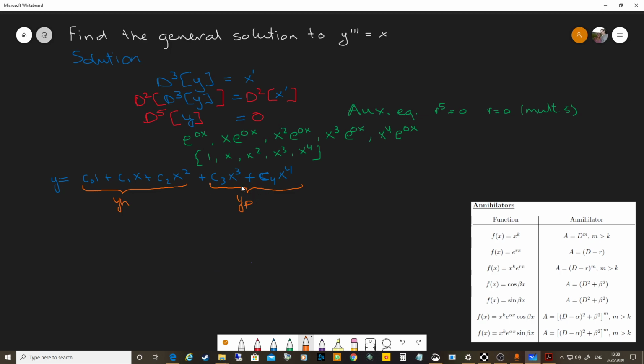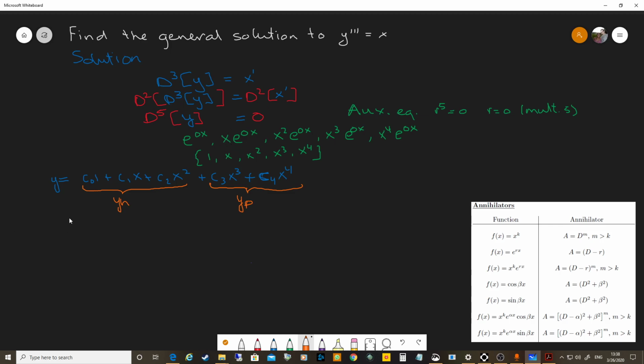For the particular part, if we're asked to find the general solution, these coefficients can be determined if initial values were given. But these are still undetermined coefficients that need to be determined based on the right-hand side.